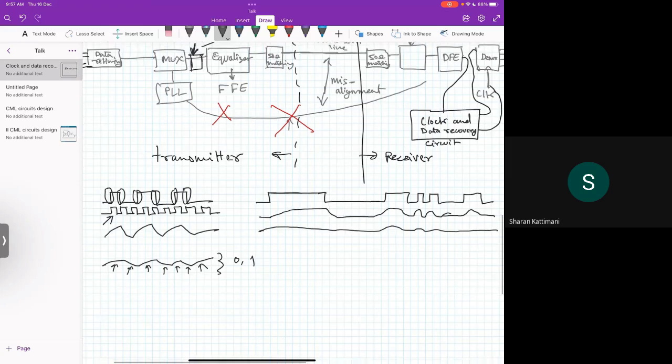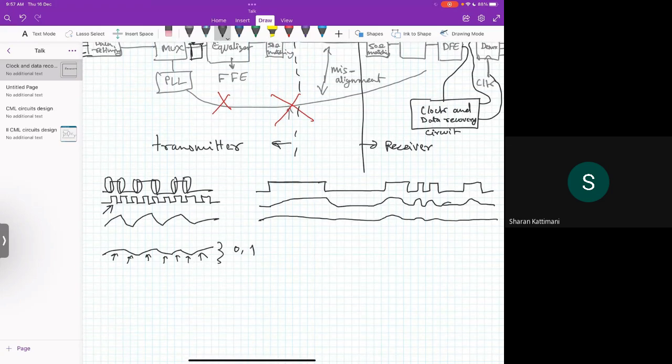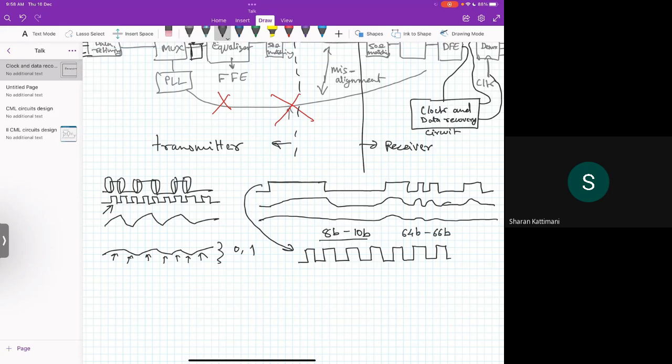The work of this line coding circuit is to increase the data density. It will convert this particular pattern into frequent fluctuation of 1 and 0, a continuous variation of 1 and 0, something like this. Examples are 8-bit 10-bit coding, or 64b/66b. These are line coding techniques.